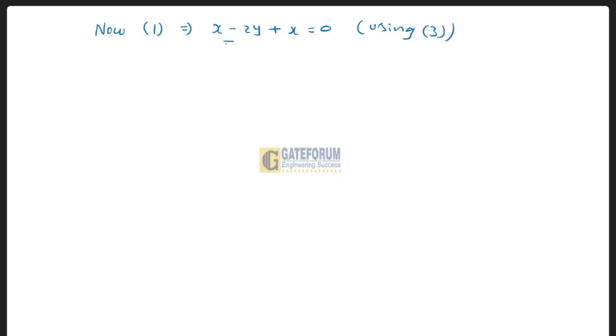From this you will get y is equal to x. Let us say this is 4. So from 3 and 4, x is equal to y is equal to z. All three are the same. So there are infinitely many solutions.